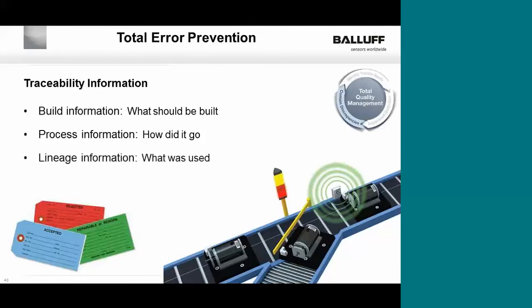And then we want lineage information, what was used through the whole manufacturing process. So we're able to contain or have all the data through the entire manufacturing process. So those are the three key factors of traceability that companies want to know in a linear automated manufacturing environment.